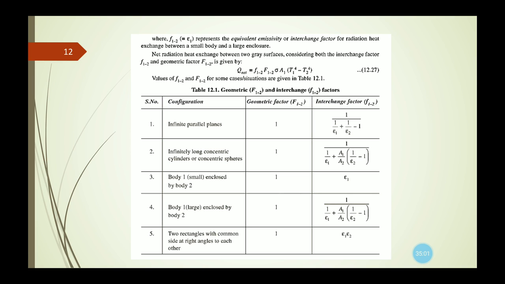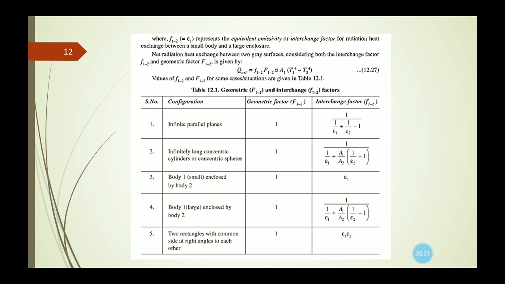Now for the second case, infinitely long concentric cylinders or concentric spheres, the geometric factor capital F12 is equal to 1, and the interchange factor equation we get is 1 by (1 by epsilon 1 plus a1 by a2 multiplied by (1 by epsilon 2 minus 1)).